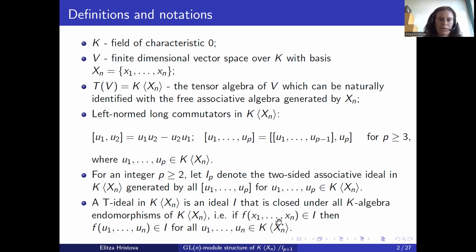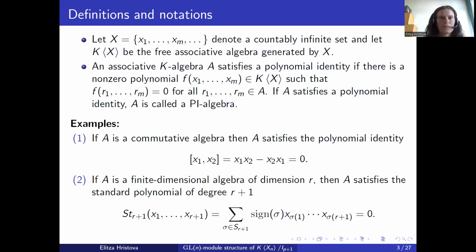This means that if we take a non-commutative polynomial from our ideal I, and then we substitute all the variables with arbitrary elements from K of Xn, then we get again an element of the ideal I. So this is what a T-ideal is, and I_p for any p is a T-ideal, which is not difficult to see.